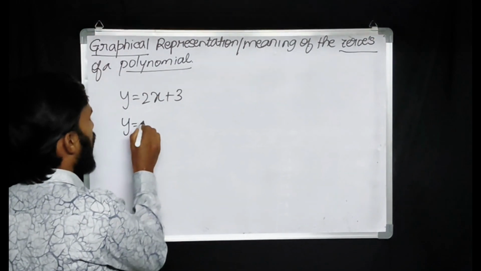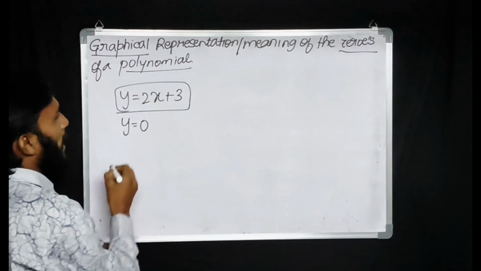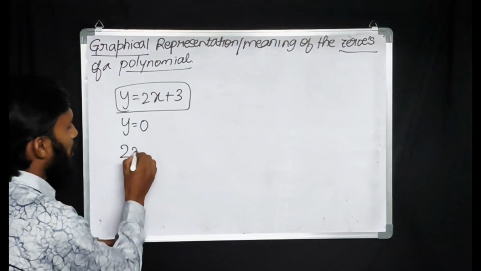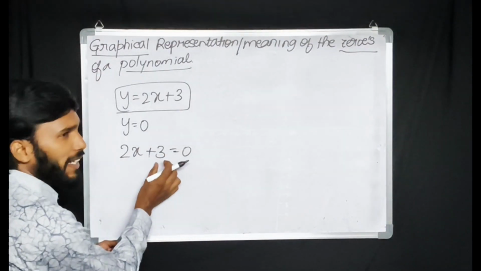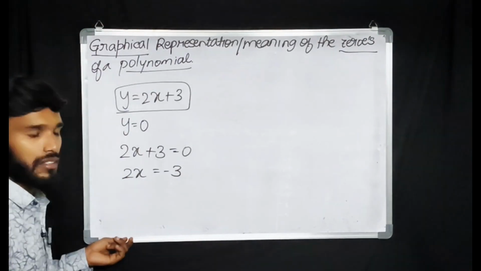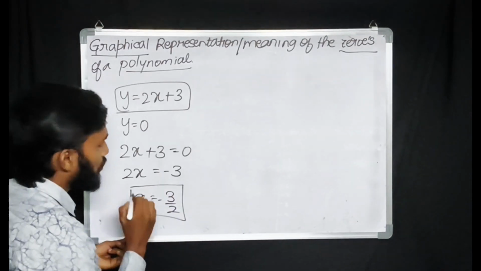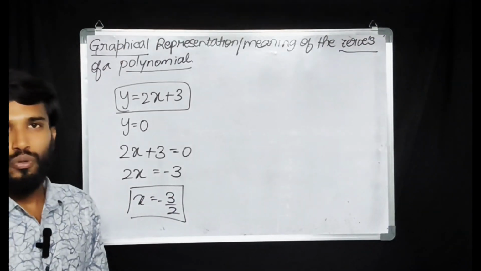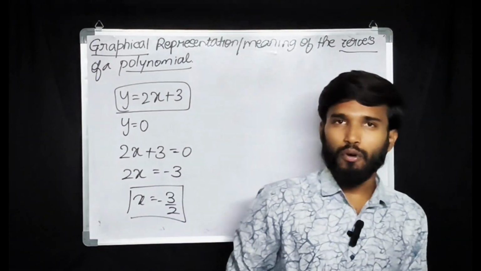That means y = 0. Here y is 2x + 3, so 2x + 3 = 0. If you take the 3 to the other side, 2x = -3 and x = -3/2. This is how we find the zeros of a polynomial.